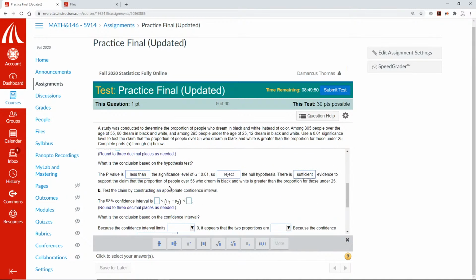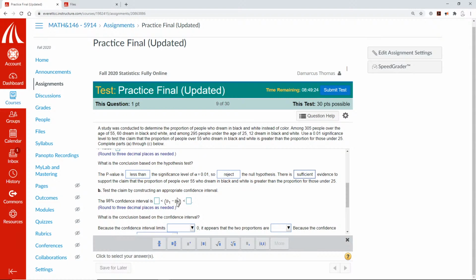And now to top it off, to back up our test, let's do a 98% confidence interval, because a confidence interval will let us know where the difference between these would lie.